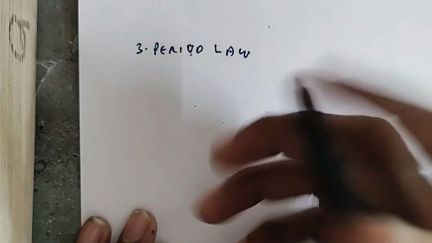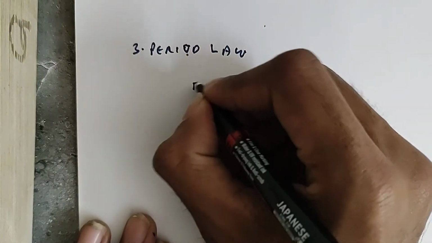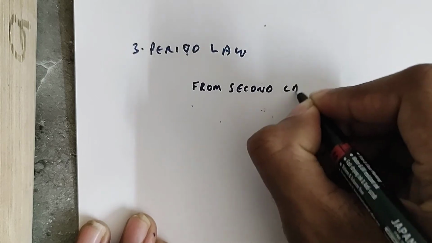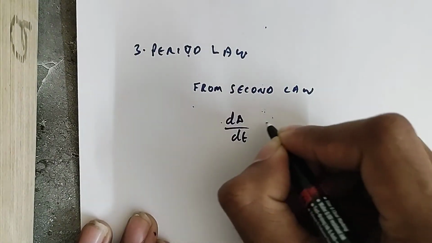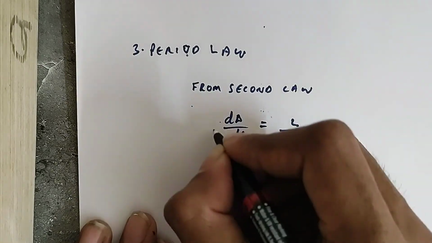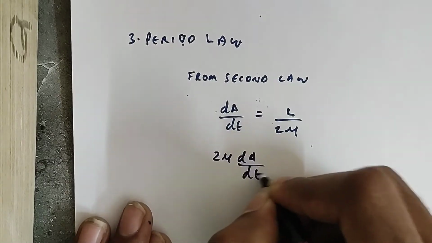I stated the law, I'm not going to state it again. I'm going to use the second law. From the second law, I have dA by dt is equal to L upon 2 mu. I'll take this 2 mu to the LHS.